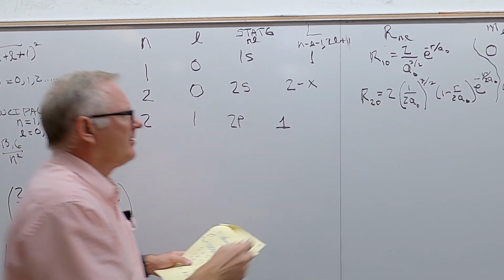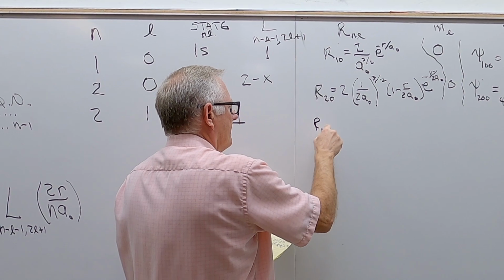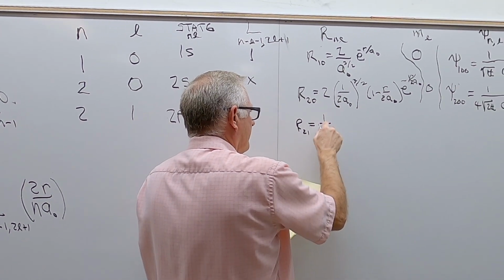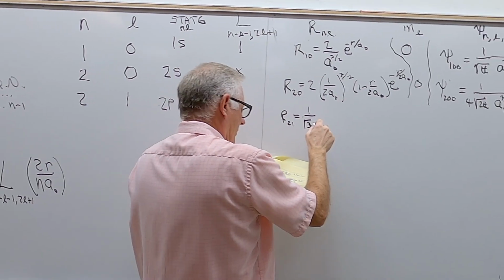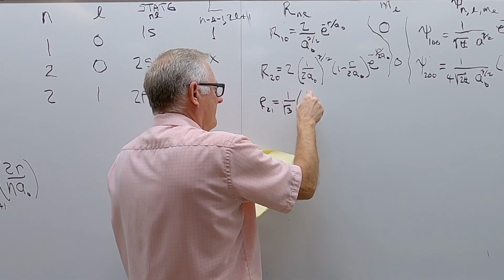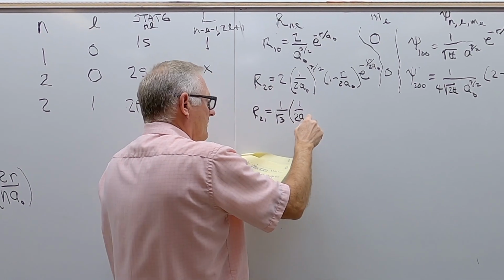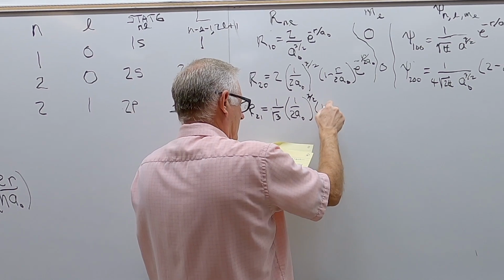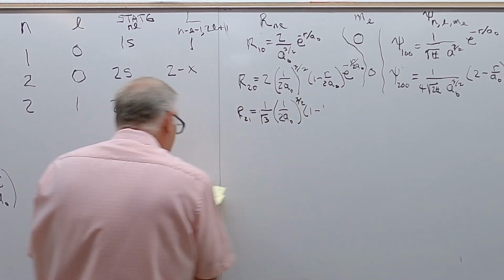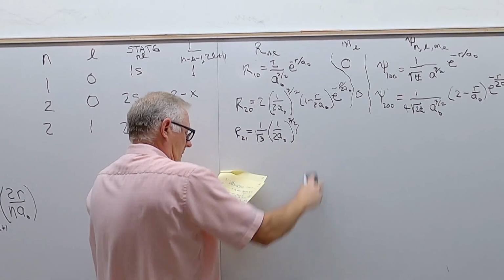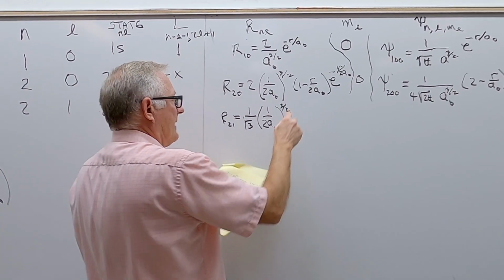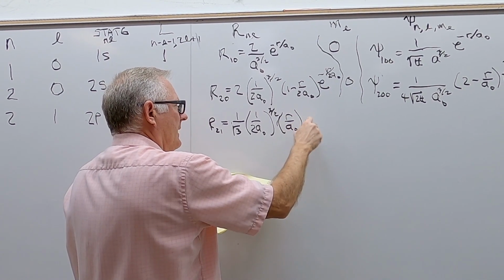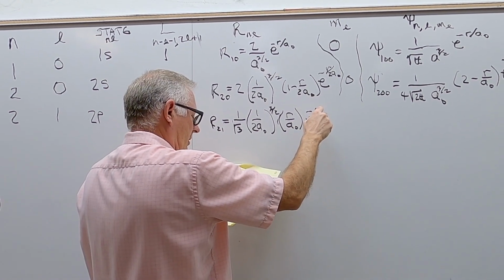Okay, and now we got our 2-1 state, which is 1 over the square root of 3, 1 over 2a naught to the 3 halves times, sorry, it's not that, times r over a naught e to the minus r over 2a naught.